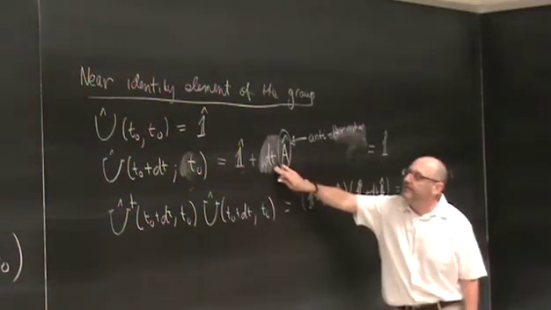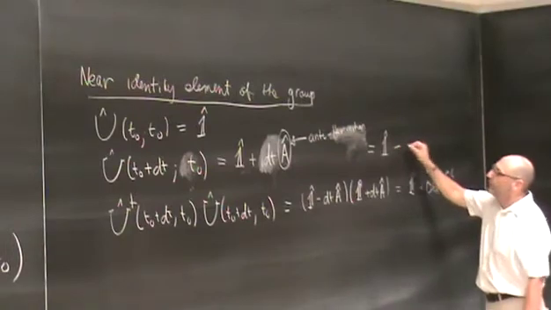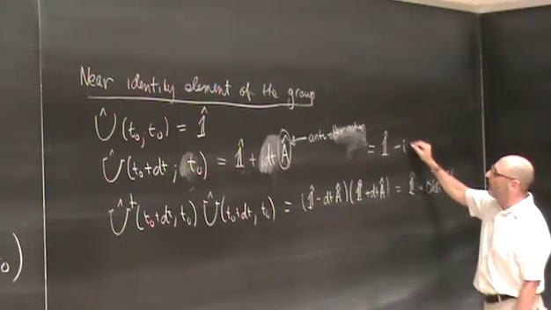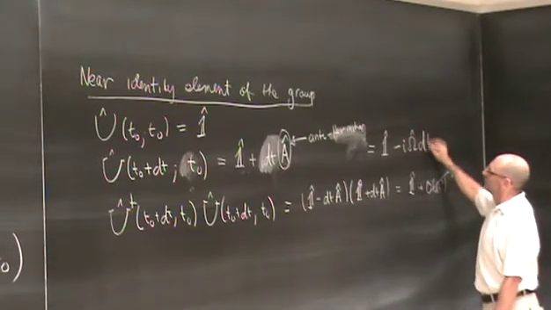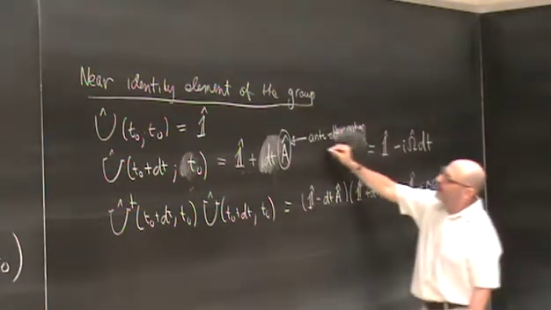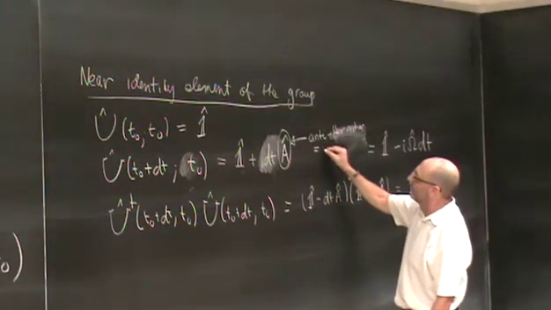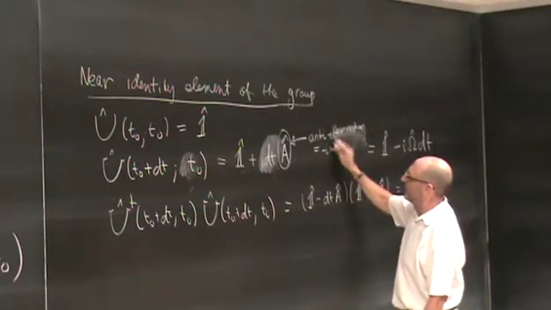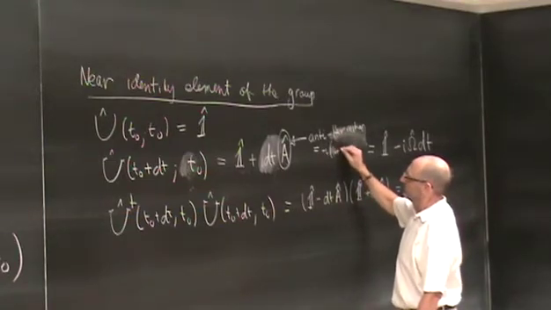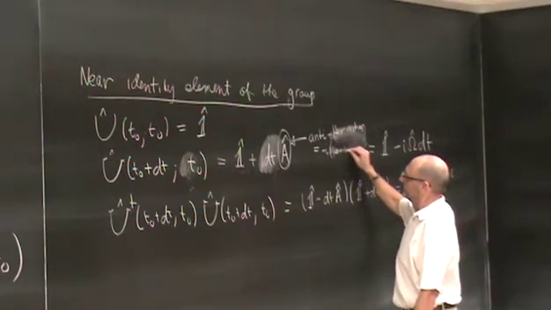And in this case, since this is time, it has units. That thing I'm going to call omega. So the anti-Hermitian operator here is minus i times a Hermitian operator. It has to be.